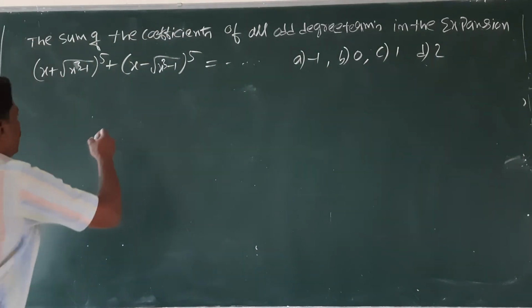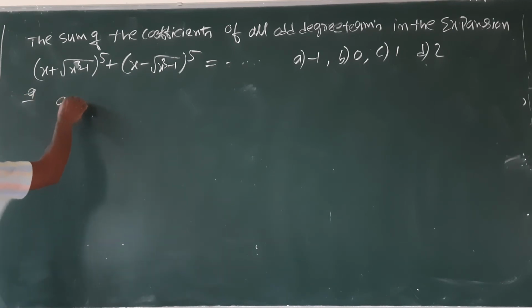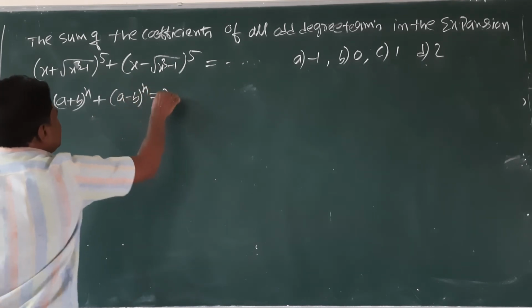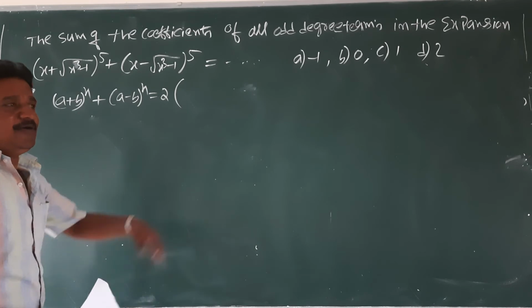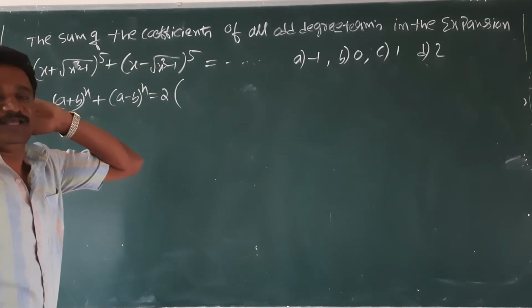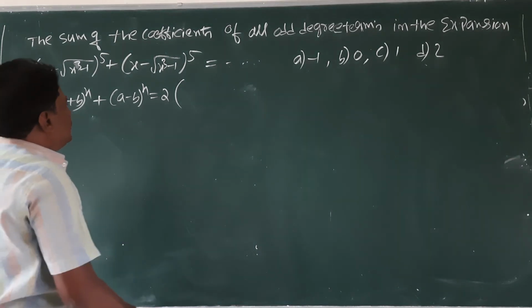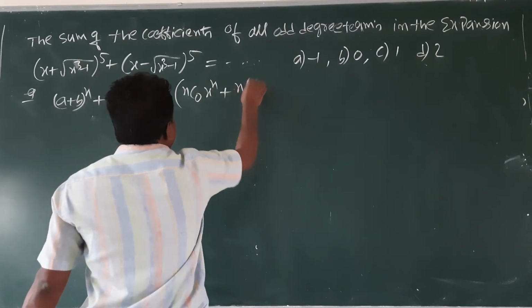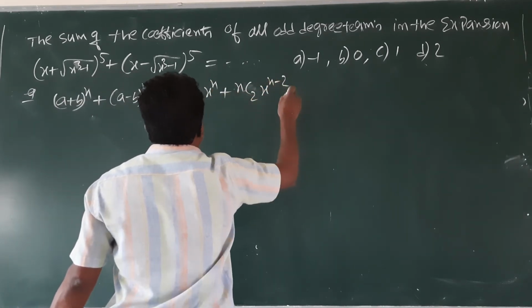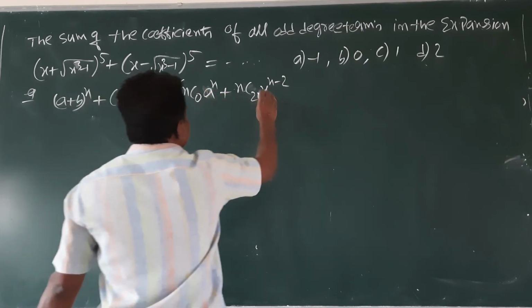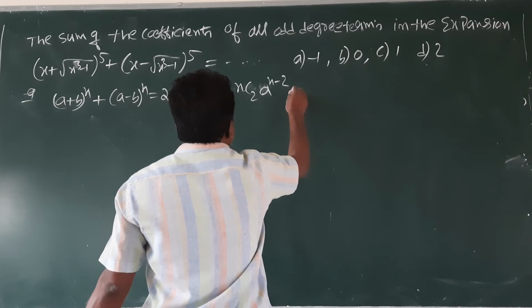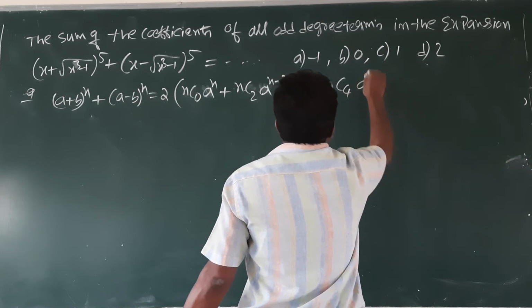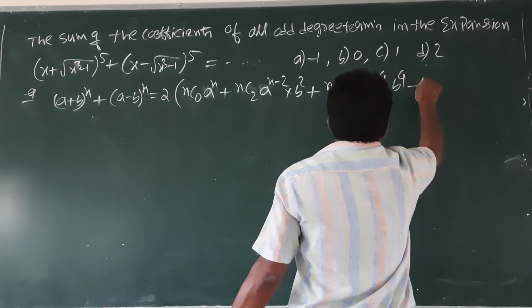So now let us solve. To use this, students: a plus b whole power n plus a minus b whole power n is equal to 2 times the sum of even-power terms, which is the same as the sum of odd terms. 2 times nC0 a power n plus nC2 a power n minus 2 into b square plus nC4 a power n minus 4 into b power 4 plus so on.